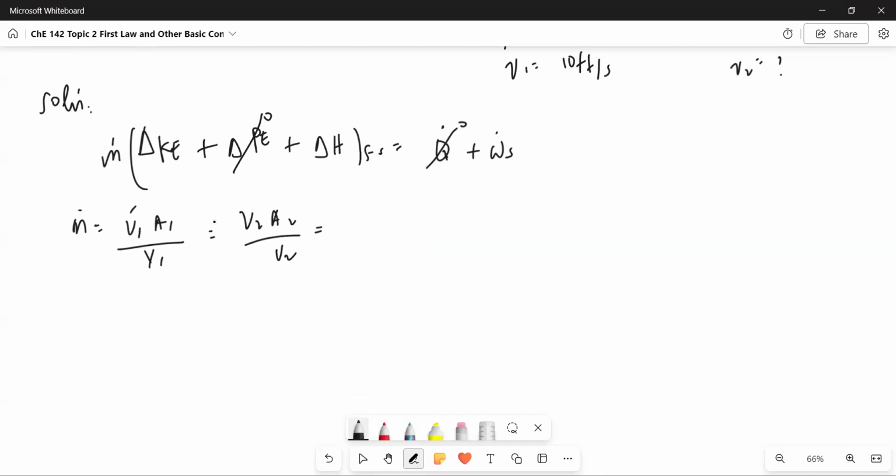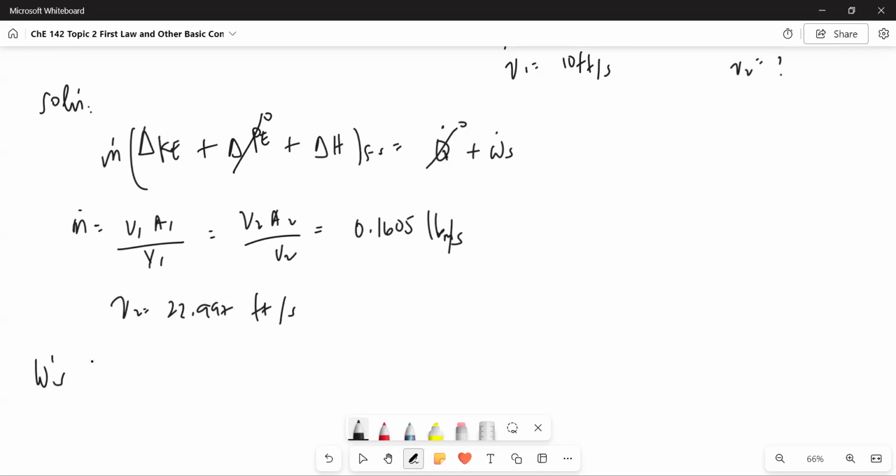So substituting the inlet data, the mass flow rate is 0.1605. And then you can calculate for V2, substituting the outlet data, and then isolating V2 on one side. You'll get 22.9 feet per second. Okay?